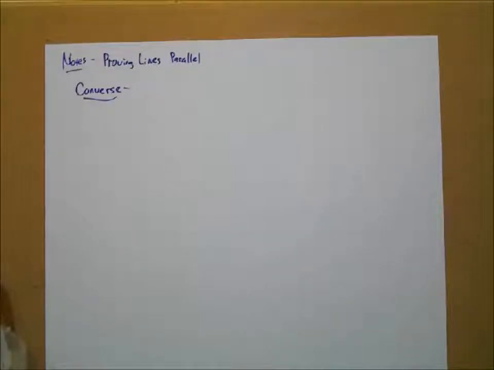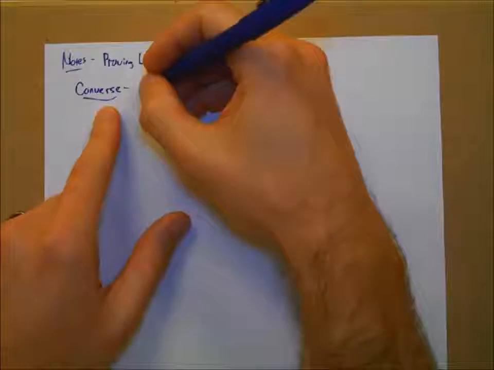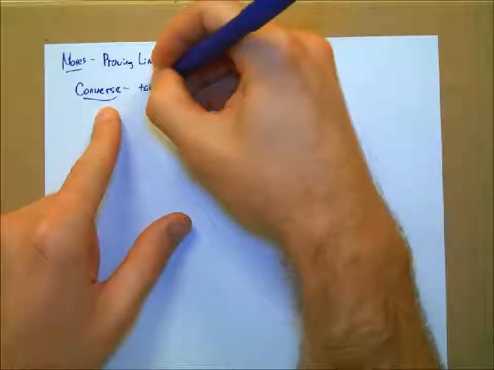The converse of a statement takes the order and flips it. So again, like we said before, if two parallel lines are crossed by a transversal, then corresponding angles are congruent. For the converse, that flips around, and we can say, if two corresponding angles are congruent, then you have parallel lines.